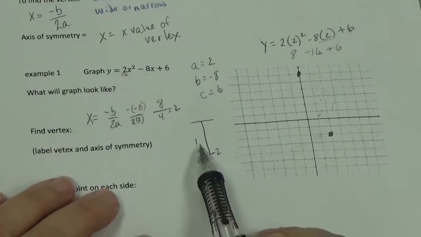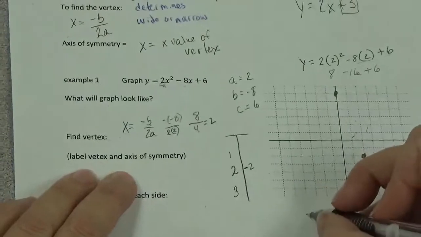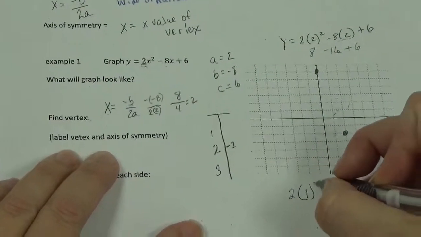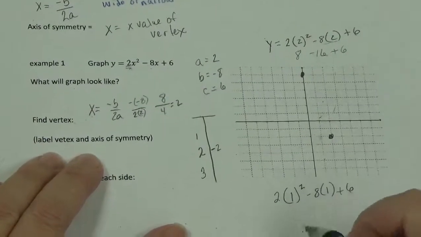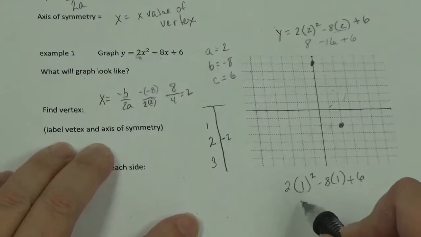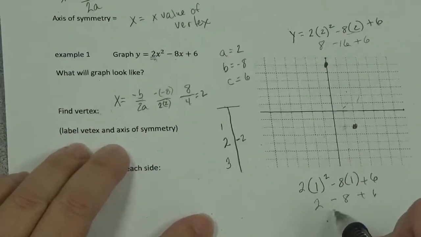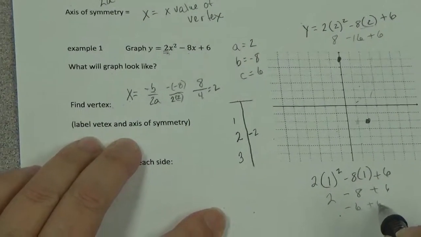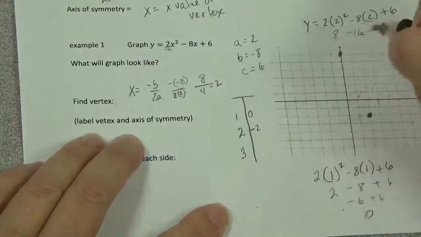So I'm going to pick 1 for x and put it in the same equation. So I'm going to have 2 times 1 squared minus 8 times 1 plus 6. So 1 squared is 1, 1 times 2 is 2, minus 8 plus 6. So I have negative 6 plus 6, so I get 0. So when x is 1, y is 0.